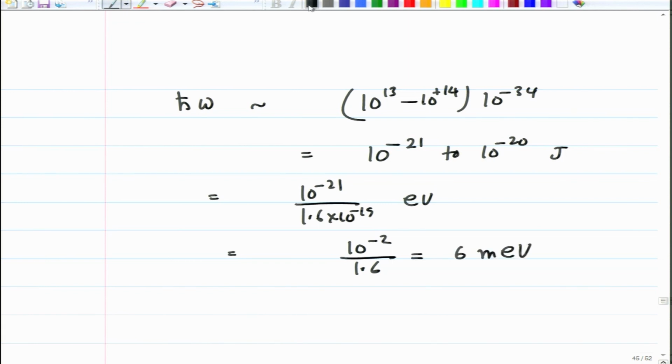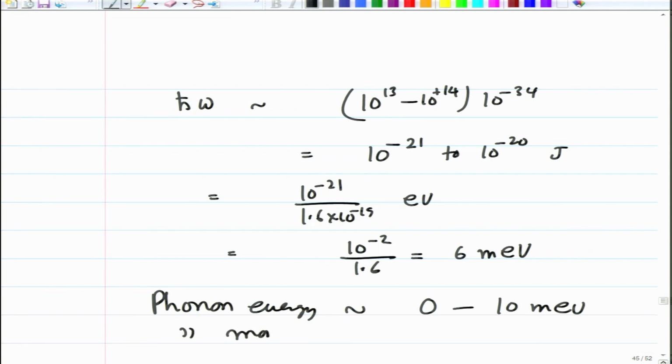So, we can say that the phonon energy is of the order of 0 to 10 MeV, and phonon momentum is of the order of 10 raised to minus 24 to 10 raised to minus 23 kg meter second inverse.